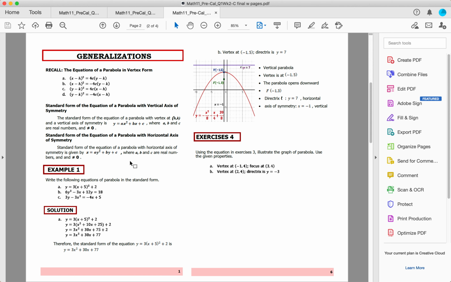So this time the equations are not given in vertex form, so you have to rewrite it in such a way that it becomes the standard form.